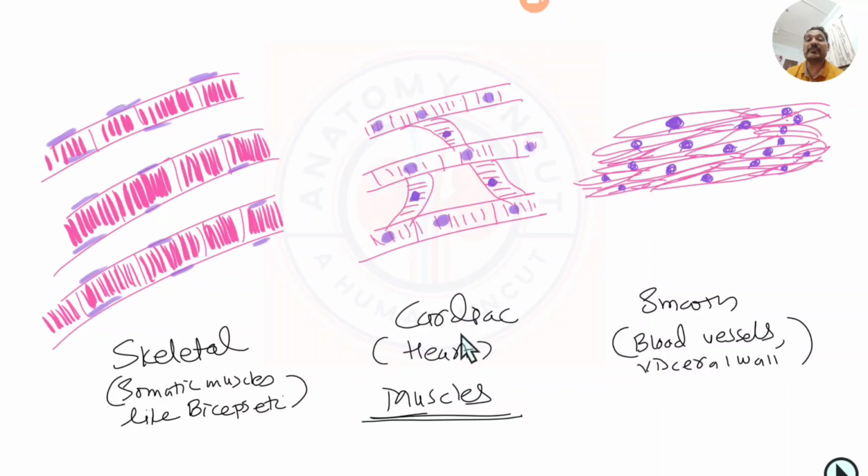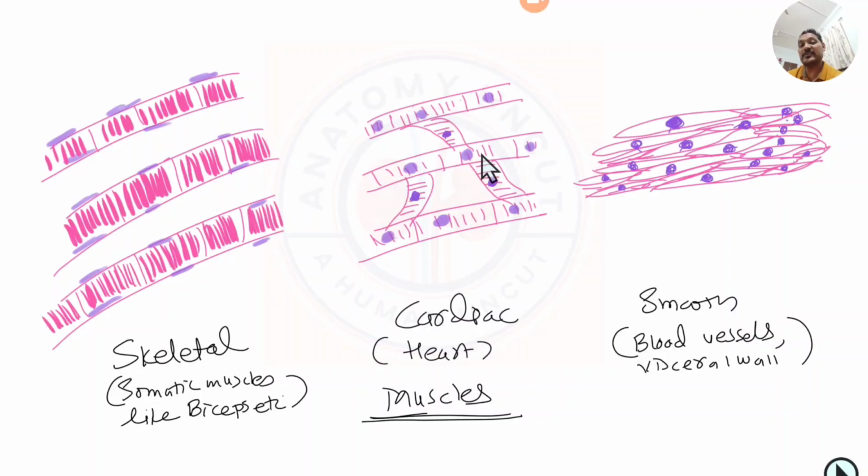This cardiac muscle never fatigues, is very rich, and has a peculiar intercalated disc, which is the gap junction, the communication junction, with a little bit of adherent junction here, between the two cells.